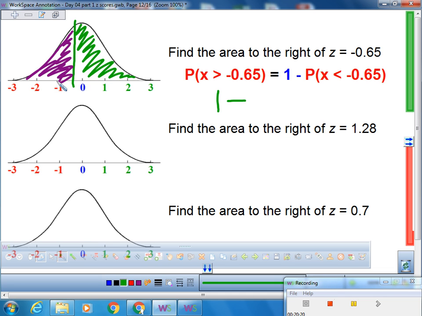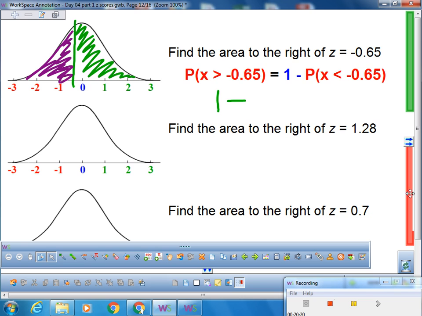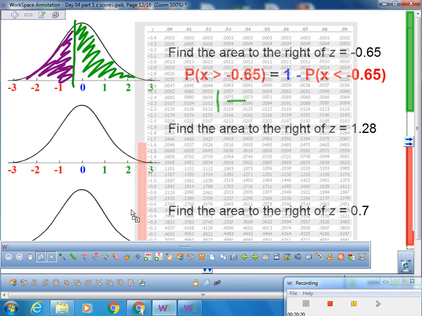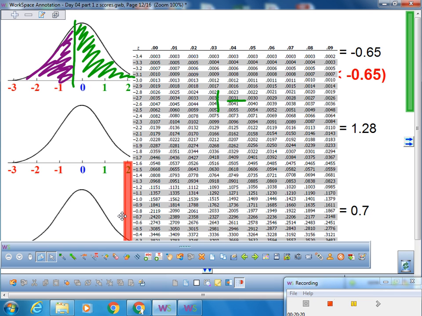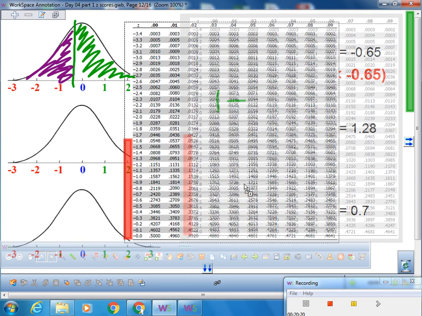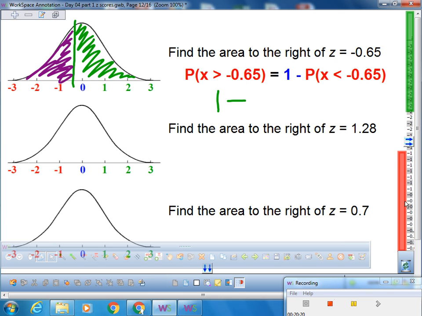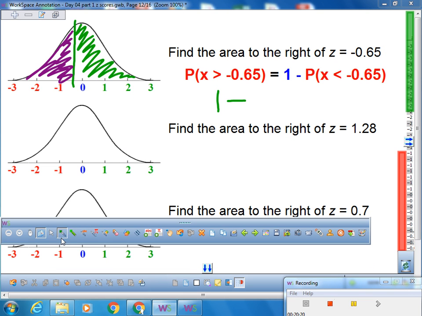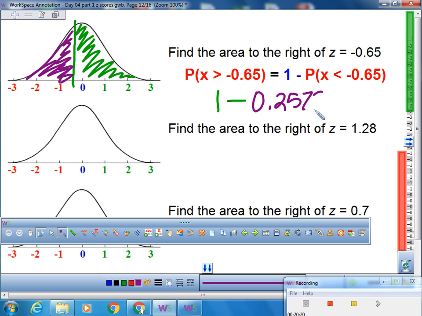Okay, so find the left area for me of negative 0.65 on your z table. These are the negative numbers. Negative 0.65 is 0.2578. Can you put it in a calculator for me?